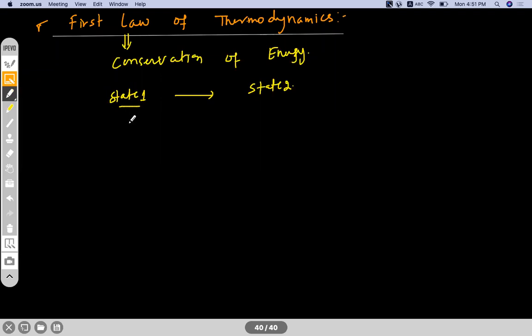Suppose we have initial internal energy Ui, and this is the final internal energy Uf. So the change in internal energy, delta U, is equal to Uf minus Ui.